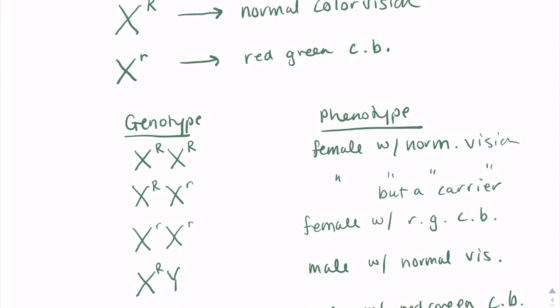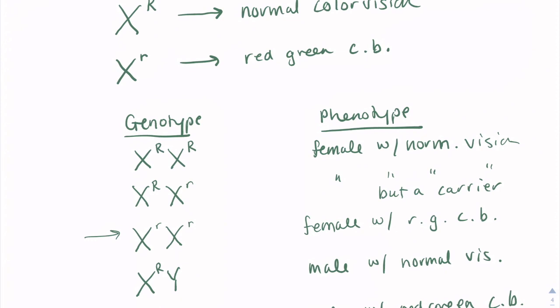So can you see how it's more likely that males would have a disorder that is X-linked than females? Because think about females right here with this X-linked disorder. I mean, yes, it's entirely possible for a female to have an X-linked disorder, but think about her parents.